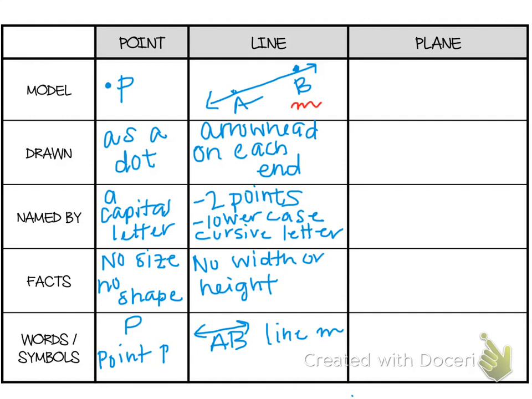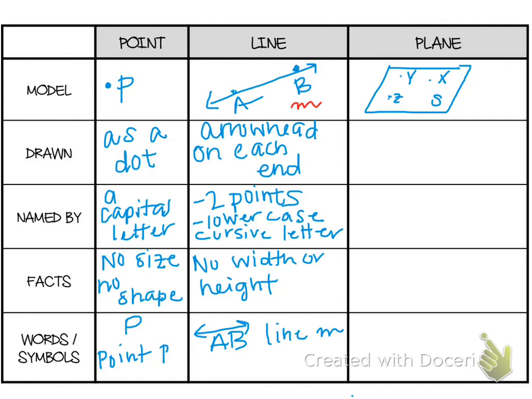Okay, and last is plane. So planes are usually drawn like this. And then I have points in between. So X, oh that's a Z, Y, X, and I have an S over here.